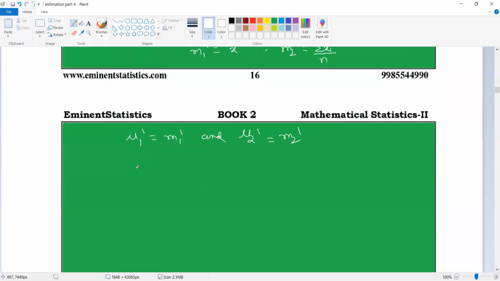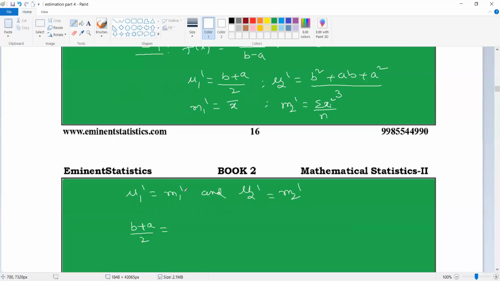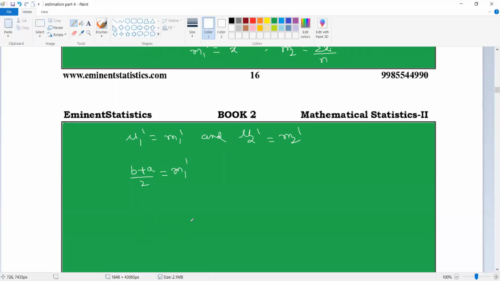mu1 dash equal to b plus a by 2. In terms of m1 dash, there is no need to take x bar here; directly take m1 dash for our convenience. This implies b plus a is equal to 2m1 dash.